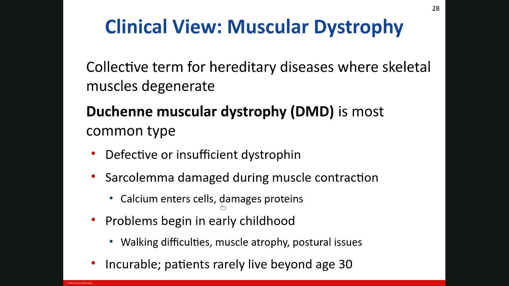This problem begins at the time of childhood. We have walking difficulties, muscle atrophy, and some postural issues. This disease cannot be treated because the dystrophin inside each muscle fiber is damaged, and because we cannot have contraction and relaxation, specifically for our respiratory muscles, these patients die, and they cannot live beyond age 30.